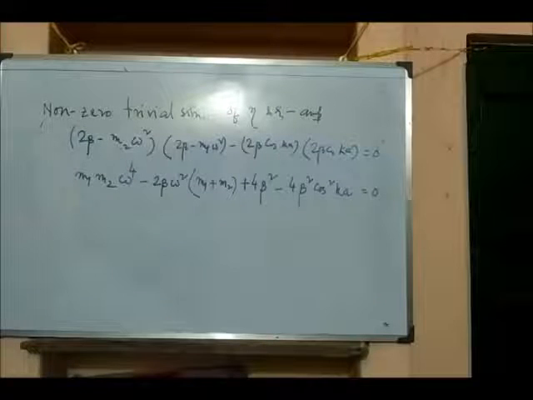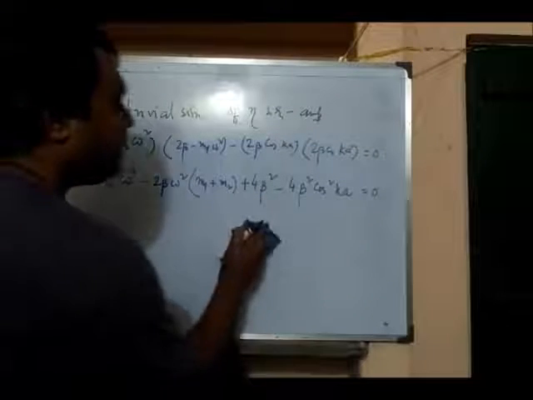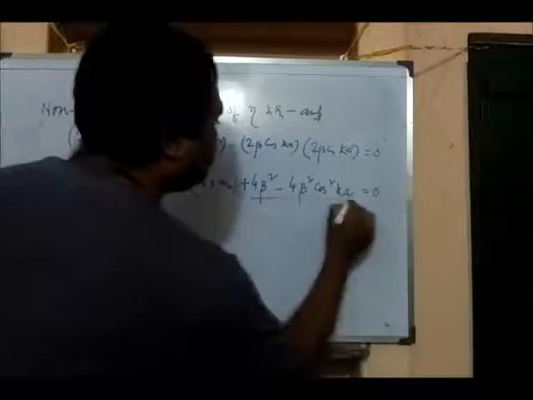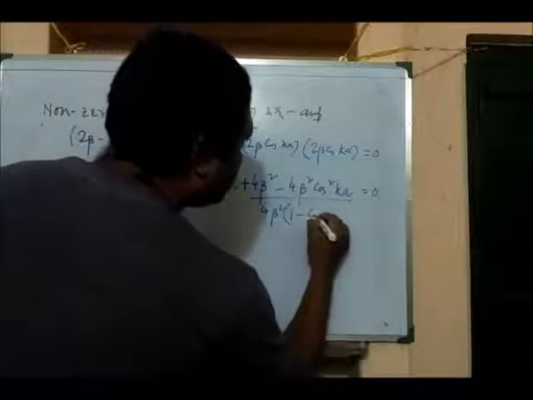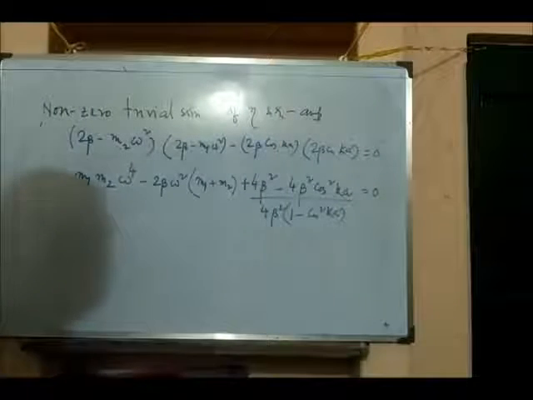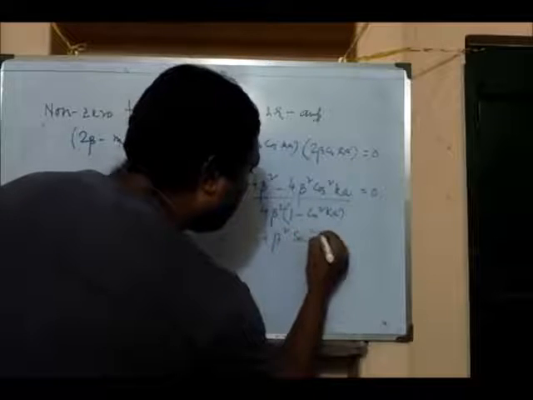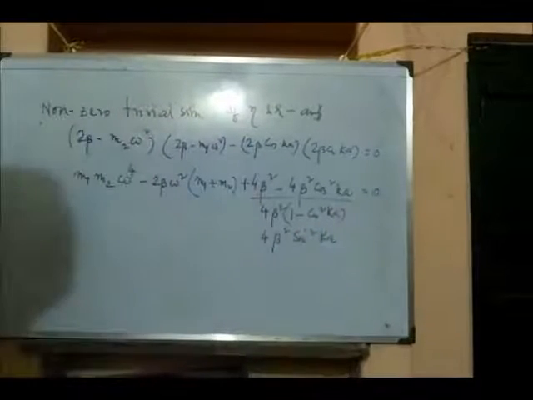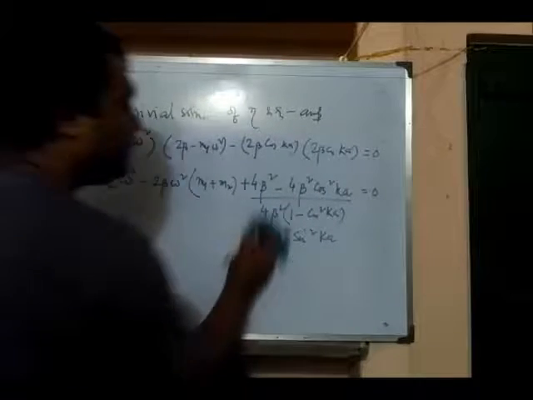Okay, so from these terms, if you take 4 beta square common, this will be 1 minus cos square Ka, so this will be 4 beta square sin square Ka. So I just replace the whole term by 4 beta square sin square Ka here.